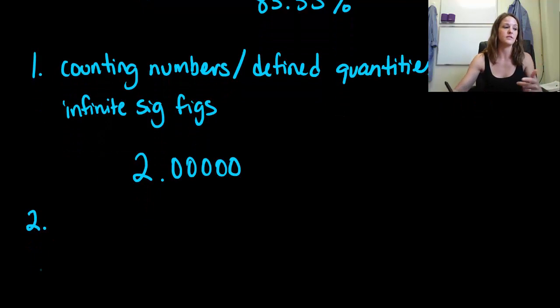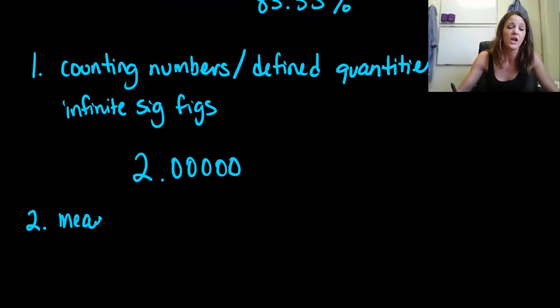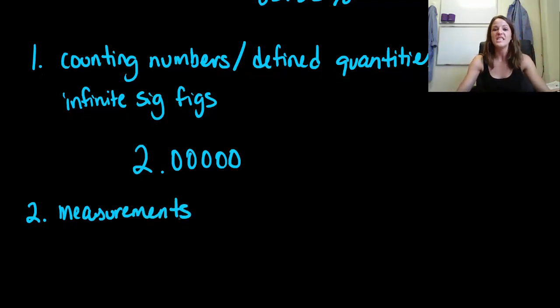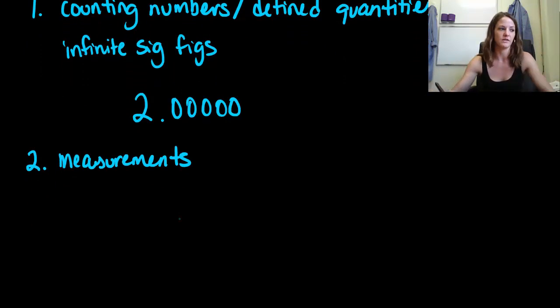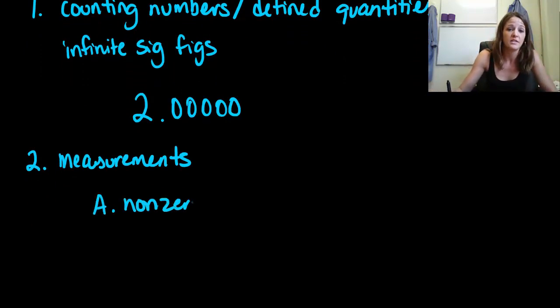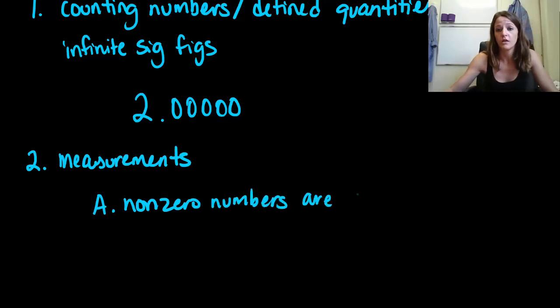Now the second part, this is the bigger rule, is that whenever we're talking specifically about measurements, this is where we are fully applying these different rules. The first one, this is the easiest one: non-zero numbers are significant.